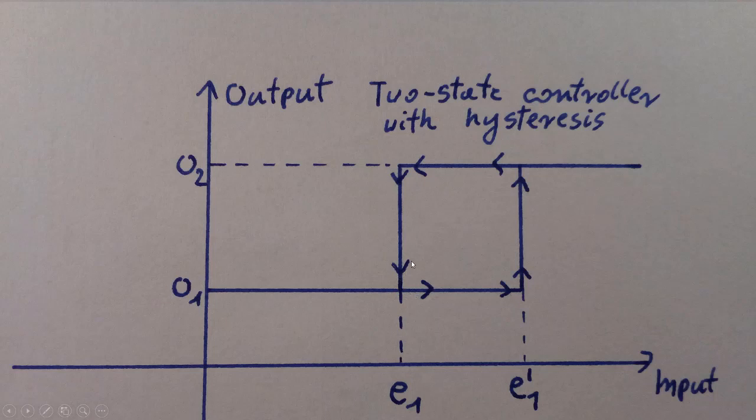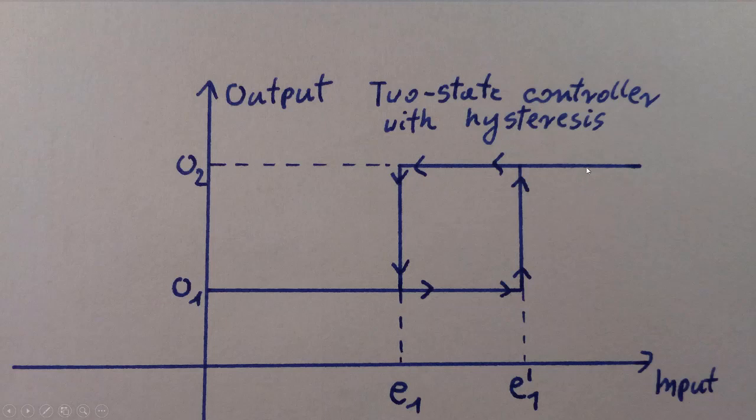You can see the flow of the output. When the input grows, it goes this way until it reaches E1 prime. Then it changes to the O2 state, and if it grows further, it remains in this state. But now, let's say the input was bigger than E1 prime and is getting smaller.